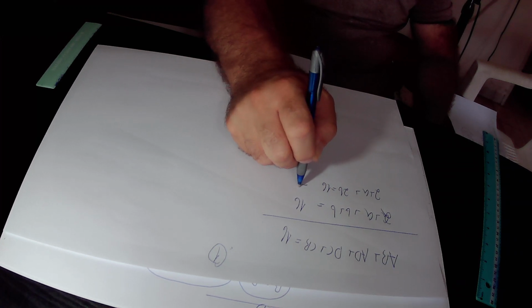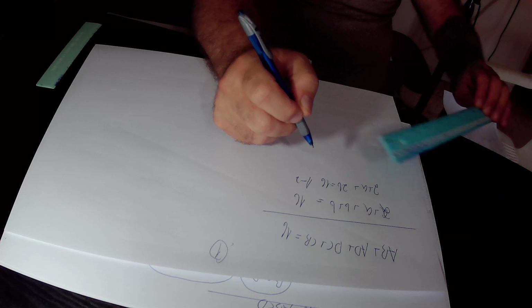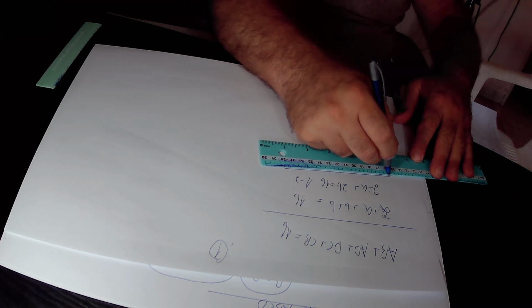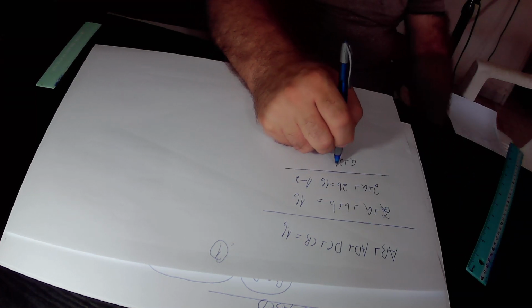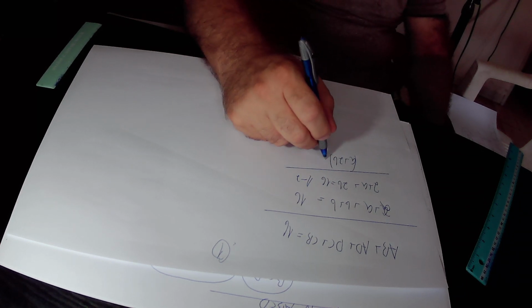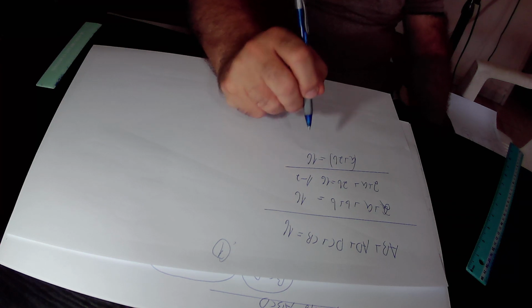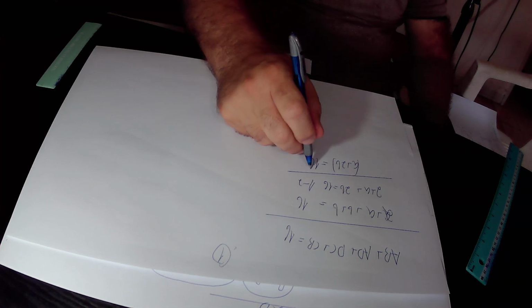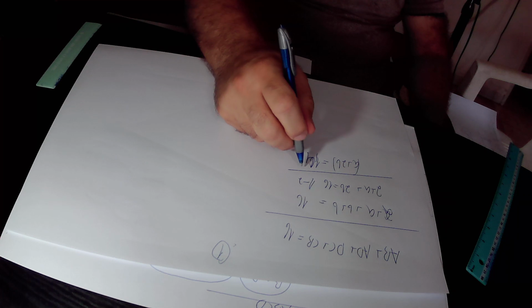Here we subtract 2 from the equation, and we get that A plus 2B equals 16 minus 2, which is 14. A plus 2B equals 14.